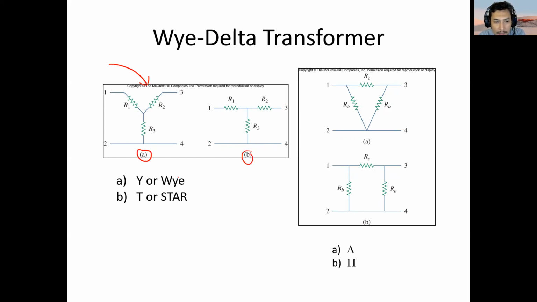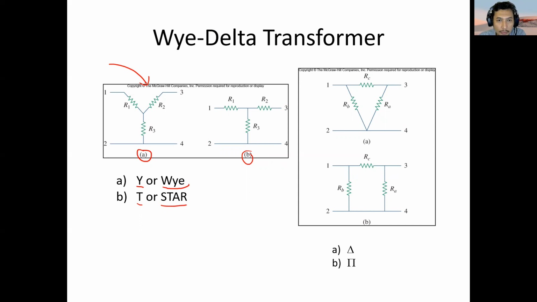So sometimes we call it Y, or WYE, or T shape, or sometimes also star. And we have another connection that we call delta connection. Delta, or sometimes we call it pi. As you can see, the shape, delta or pi, is actually the same circuit.